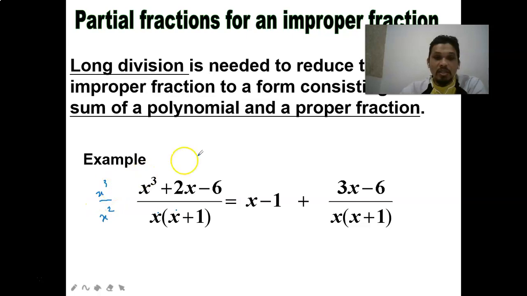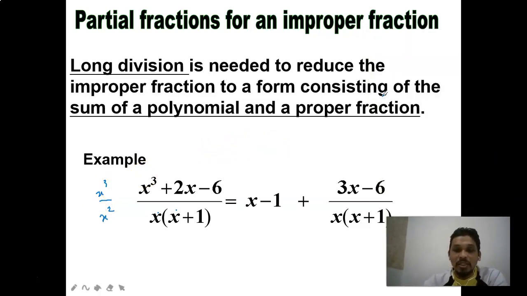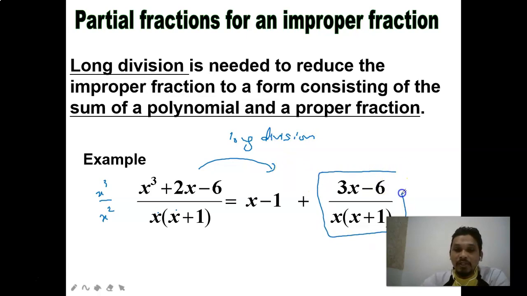This is a simple example of an improper fraction, and we are going to use long division to form a polynomial and a proper fraction.